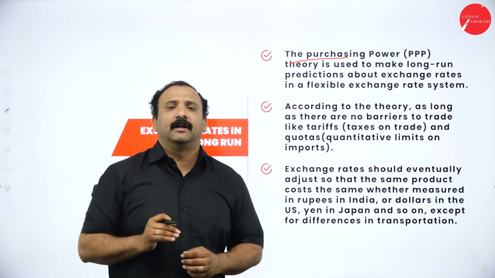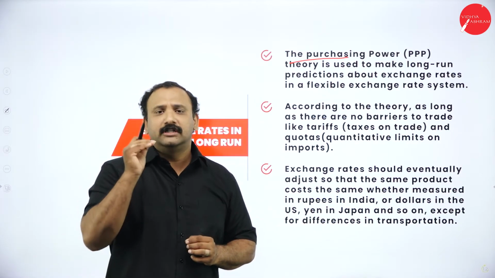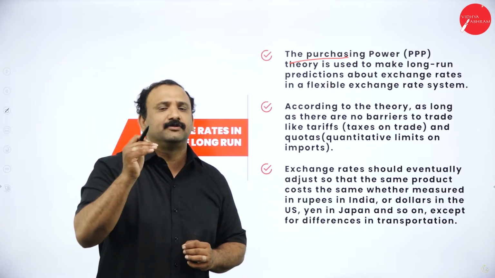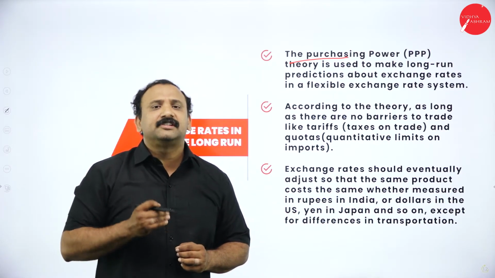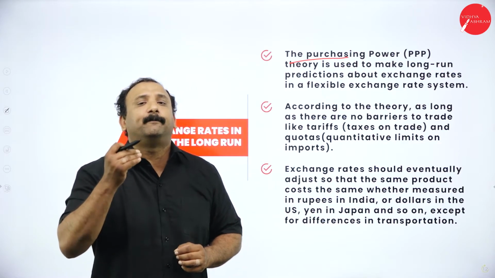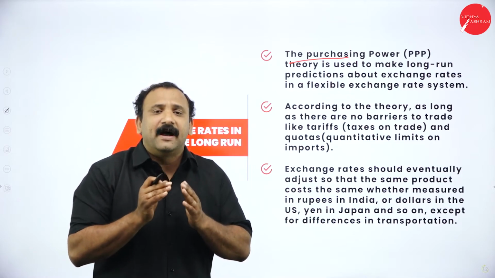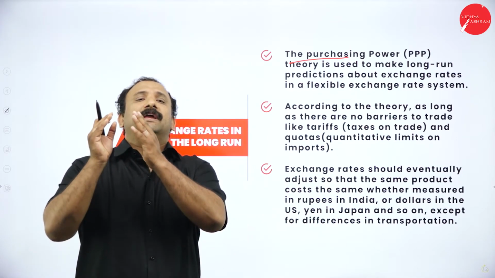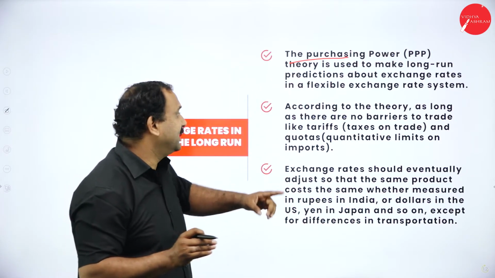Now in the long run, the income, the capacity to buy foreign goods also matters a lot in determining the foreign exchange rate. So if the country starts showing an increasing purchasing power capacity, in the long run the demand curve will keep on moving forward. So that is where it matters a lot.